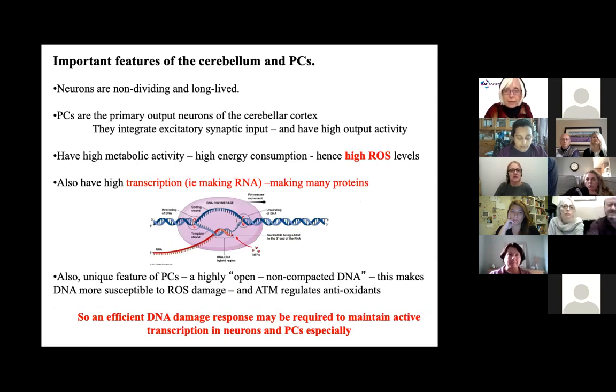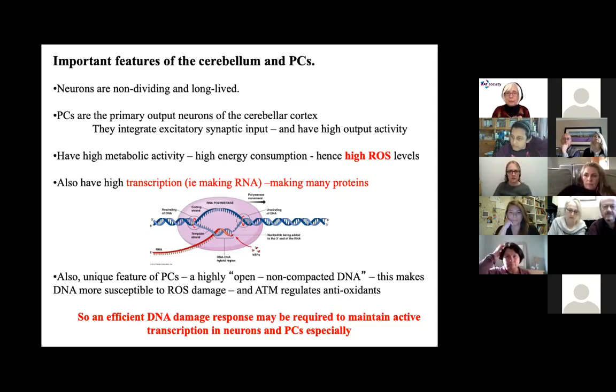So let's think about the essential features of the cerebellum and the Purkinje cells. What's different about these cells to, for instance, the cells of our skin? I told you they're non-dividing and they're long-lived. And that's quite important because it means if there's damage accumulating, it could have impacts over a long period of time.